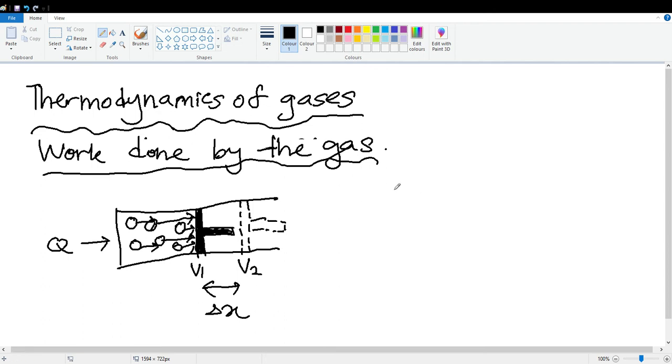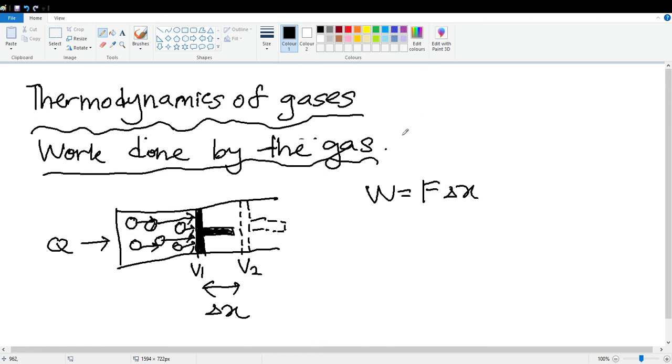We know that the simplest equation of work done is F delta x, where delta x is the displacement. If the gas keeps colliding with the wall, this will produce pressure between the gas and the wall.